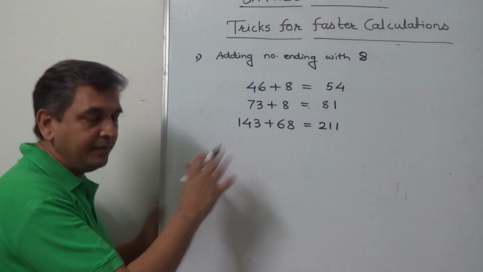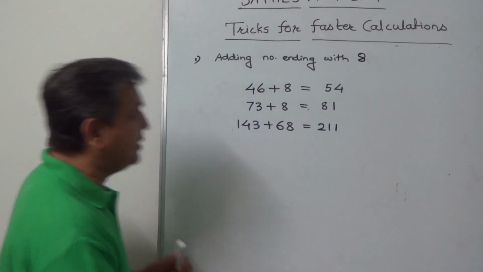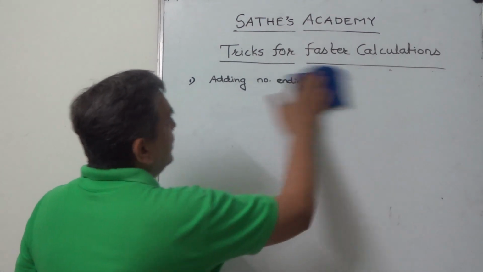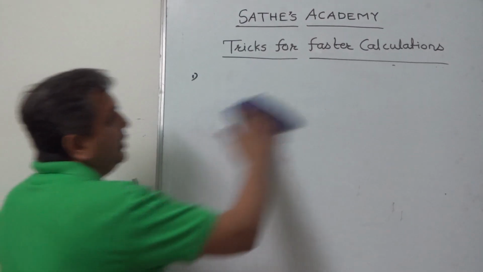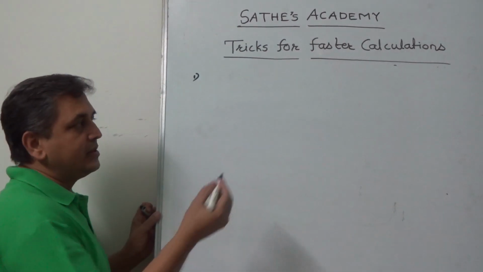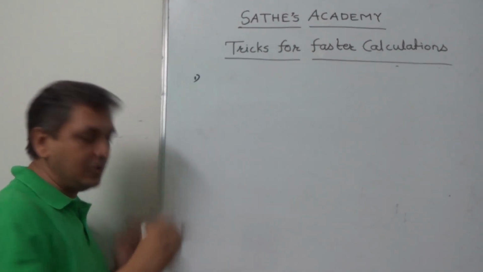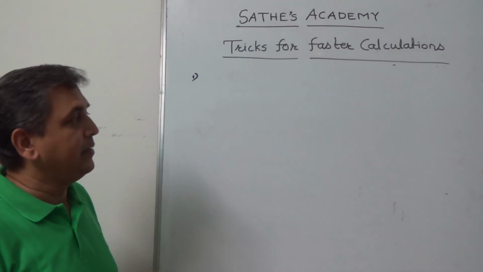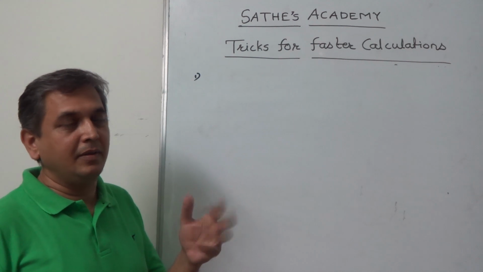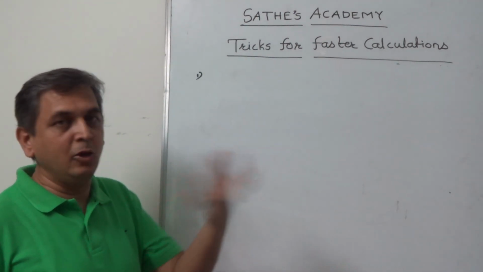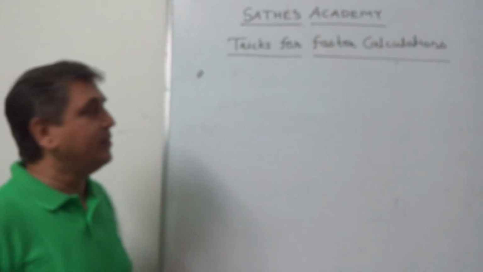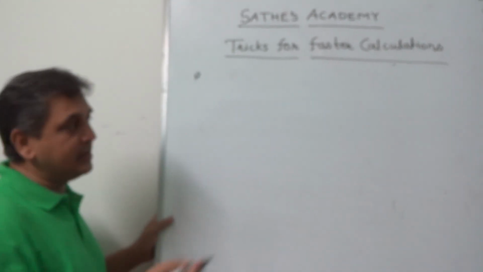Is the trick clear? We go for the next trick, which is subtraction. Now in many cases we have to subtract some number from 100 or 1000, especially when we solve problems on meter, kilometer, centimeter, rupees, paise, liters, milliliters.